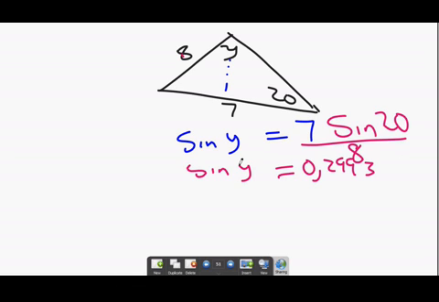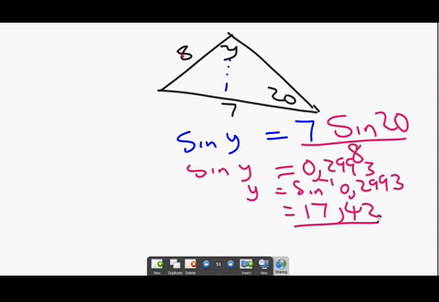So if I want to find that, I have to find the sine inverse of 0.2993, so y is equal to sine inverse 0.2993, and this is going to give us 17.42, and that's how you find the angle.